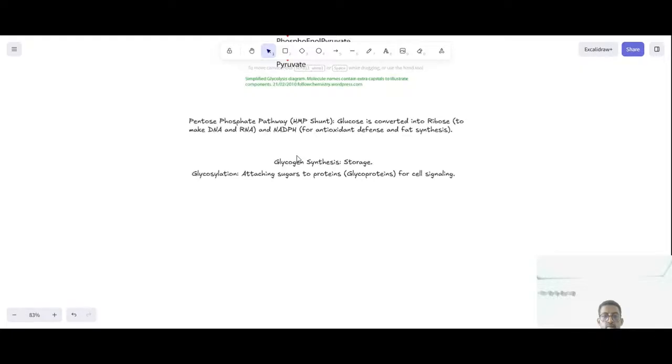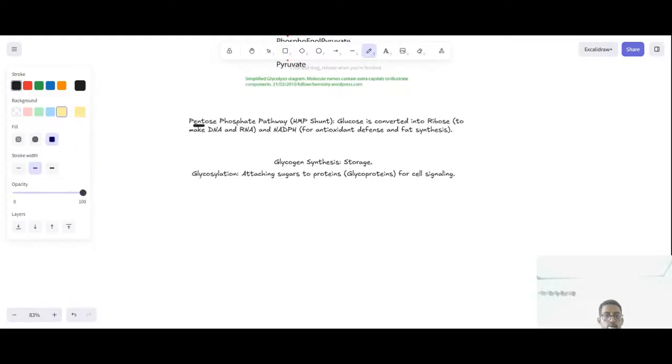Pentose sugar pathway. So pentose sugar pathway, the shunt: glucose is converted into ribose. So glucose is converted into ribose, okay. Ribose is one amongst carbon, no, let me see. Ribose sugar. Okay, so balance sugar, where is the image?